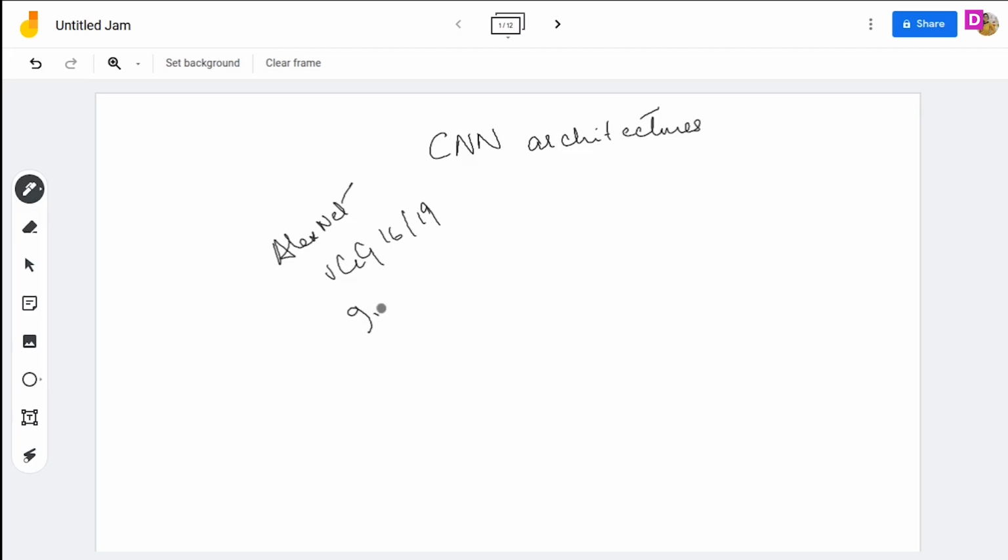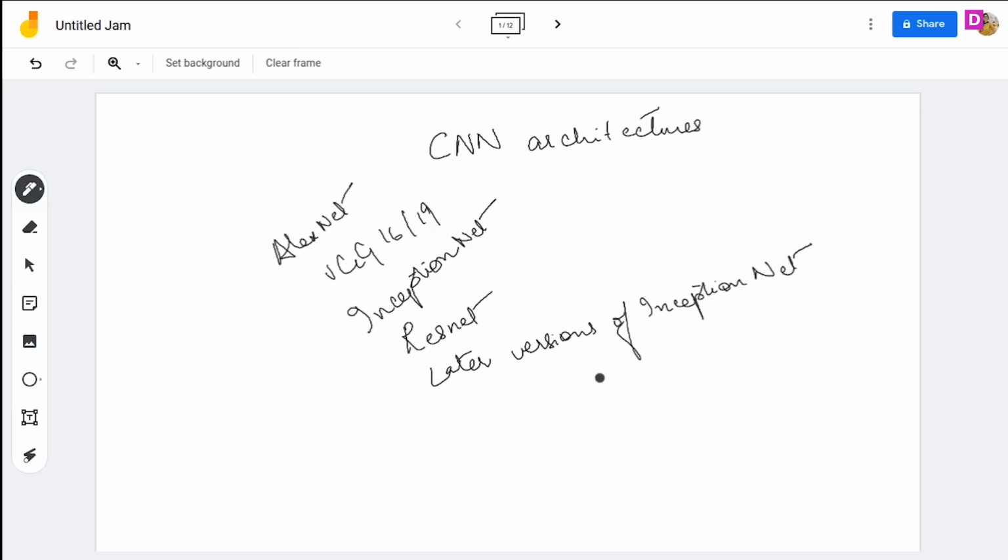Then we talked about InceptionNet, ResNet, and later versions of InceptionNet. And finally, we talked about Inception ResNet.